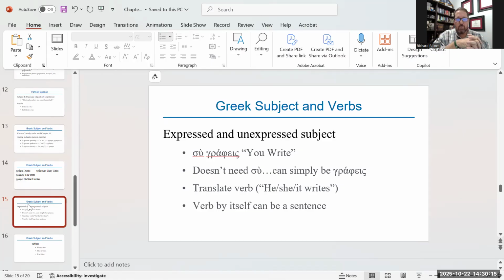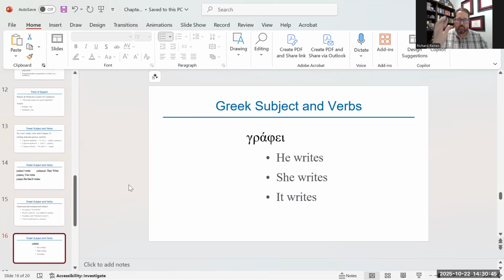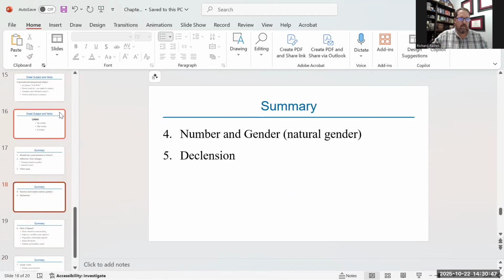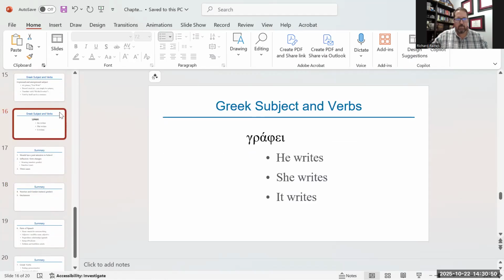And so you could literally translate ego eimi, we translate it "I am," but you could translate it "I myself am." It's emphatic. All this is stuff you'll learn later. All I'm teaching you is that when it comes to Greek sentences and nouns in the subjective case, sometimes when it's a verb, the subject can be expressed or unexpressed. And here you see another example of that. Graphei: he writes, she writes, it writes.